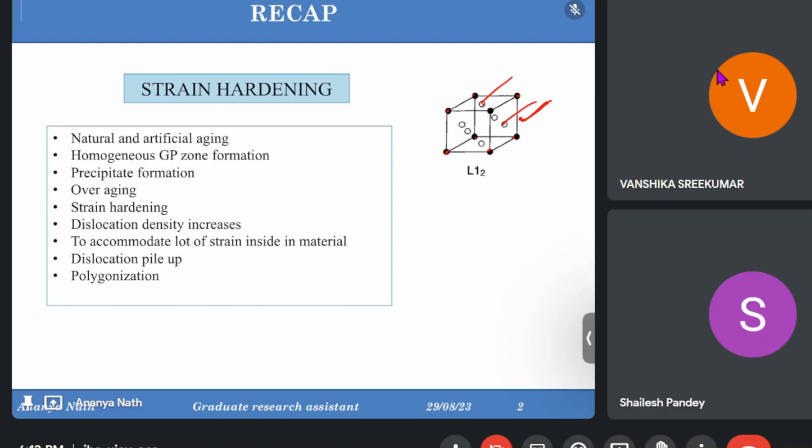And for the next one in the 8000 series, there was the gamma or delta phase. We were getting aluminum and lithium in a 1:1 ratio. There the structure was a bit different. Along with the corners and faces, atoms were present in the edges as well. So the structure looks somewhat like this.